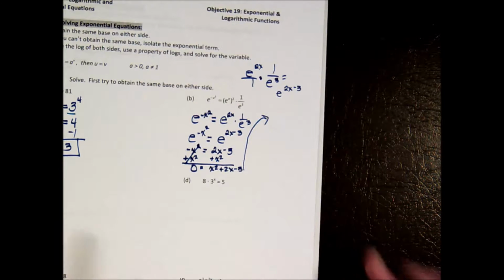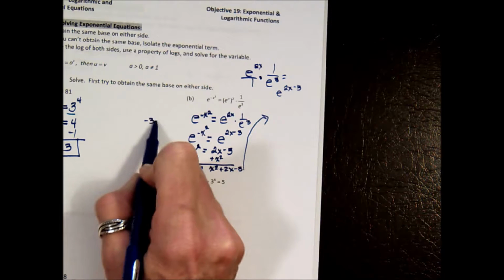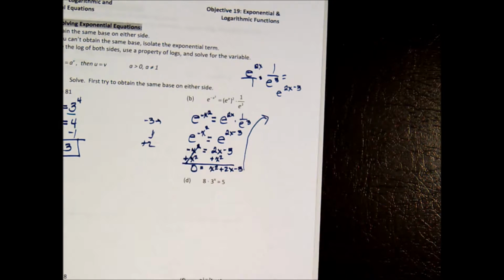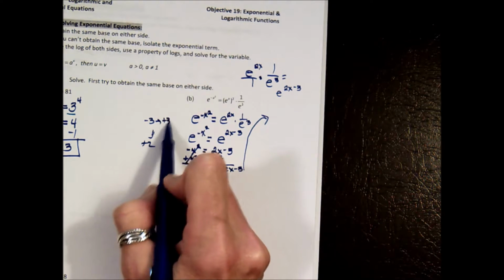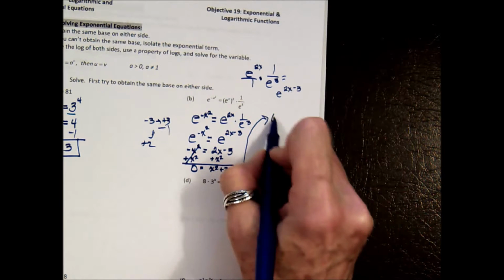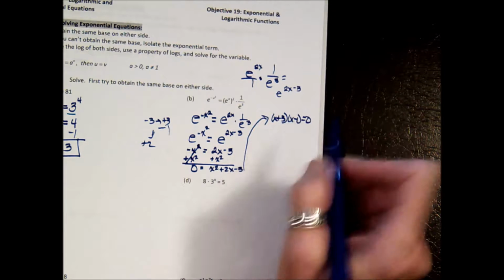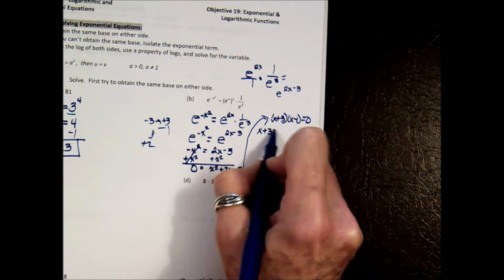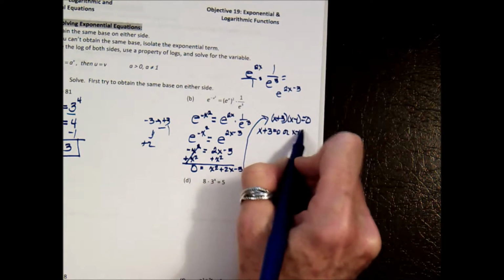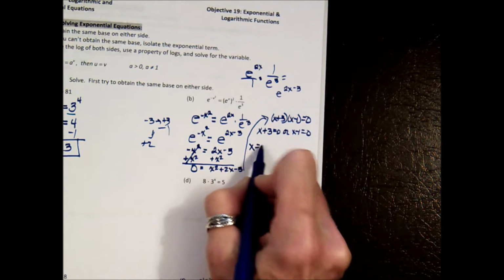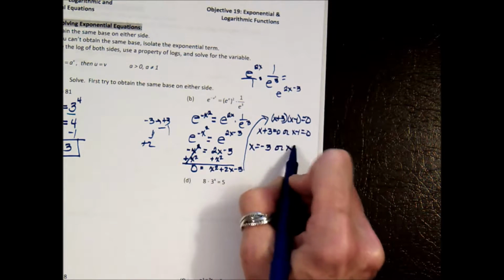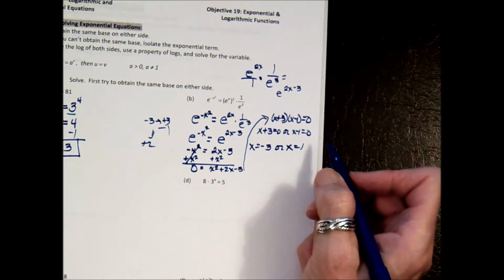It didn't go away. You're looking for factors of negative 3 that add up to positive 2. Those are going to be positive 3 and negative 1. So x plus 3 times x minus 1 equals 0. X plus 3 equals 0, or x minus 1 equals 0. And x equals negative 3, or x equals positive 1.